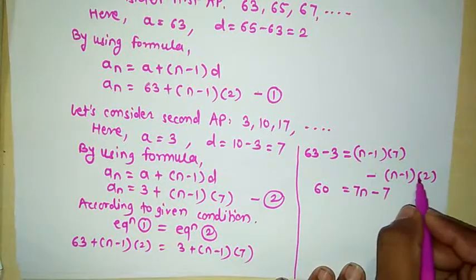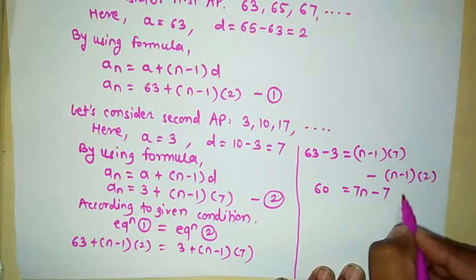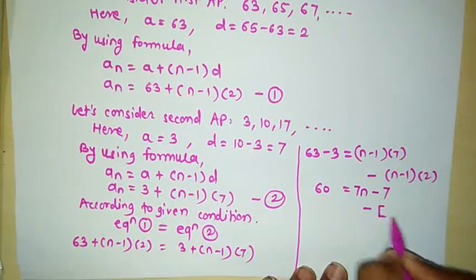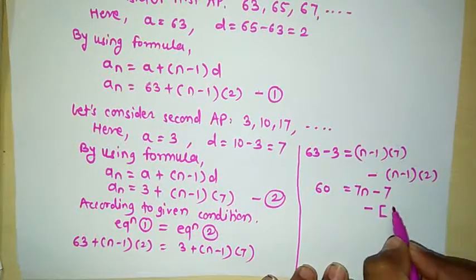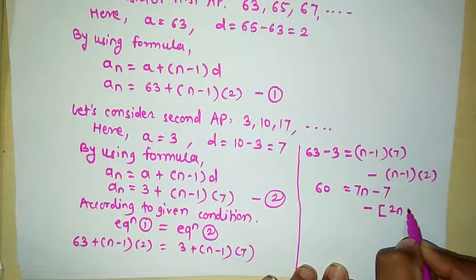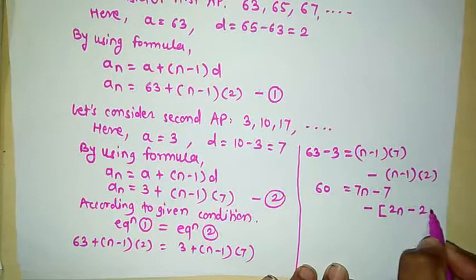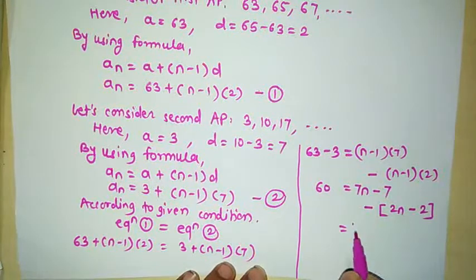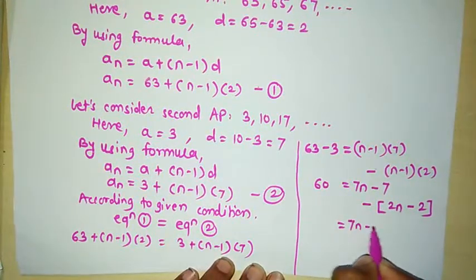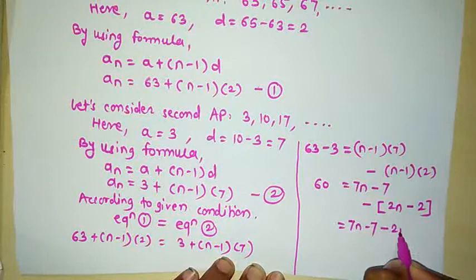Now here, putting the square bracket, minus, we have to multiply this bracket. 2 into n, that is 2n, minus 2 into 1, that is minus 2. Now open the bracket, which is equal to 7n minus 7 minus 2n.